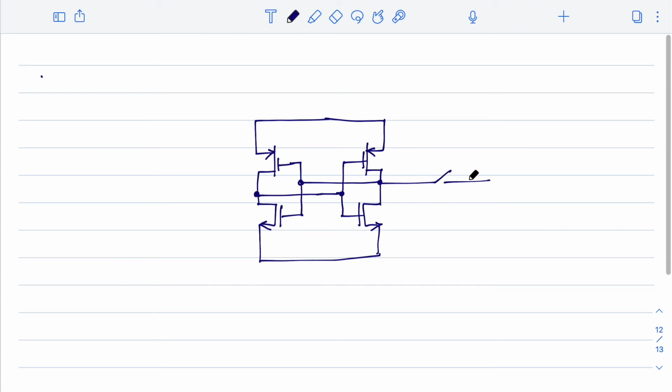Now we have this switch which works on phi 1, and during phi 1 the inverter should be disabled, and that can be done by connecting another switch here, which I call phi 2.